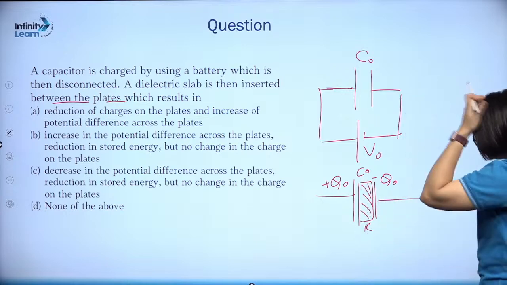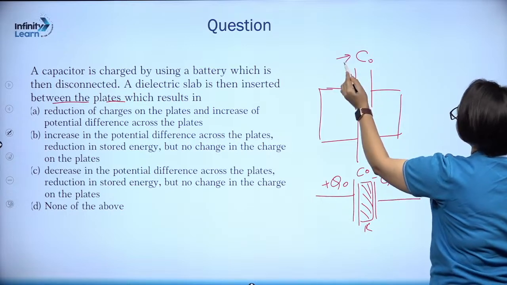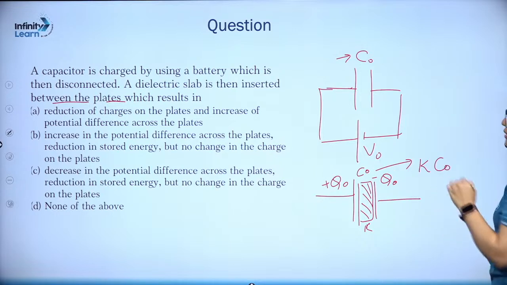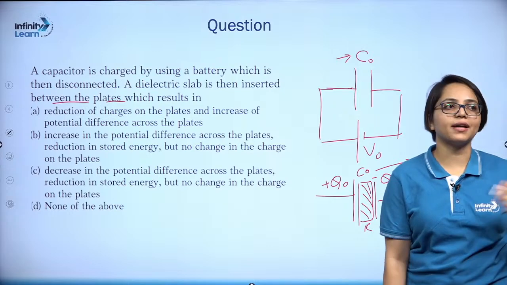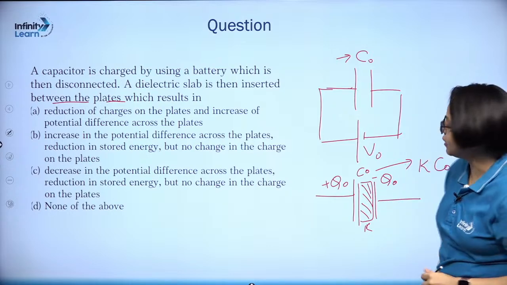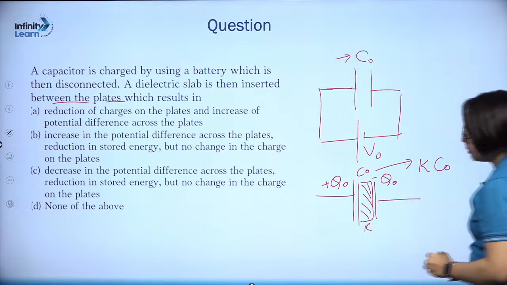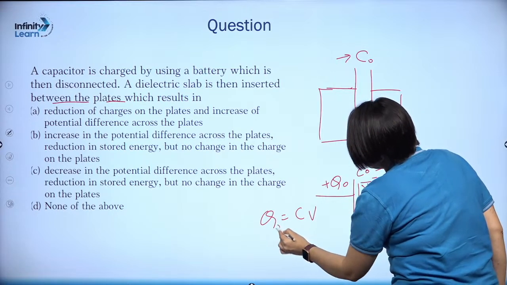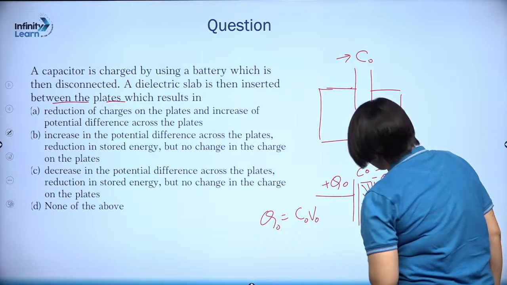Since initial capacitance is C naught, final capacitance will be K C naught. After inserting the dielectric slab, capacitance becomes K times, right? So capacitance will increase, and we know that Q is equal to CV. For the initial situation, Q naught is equal to C naught into V naught.